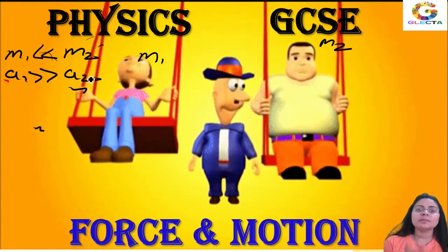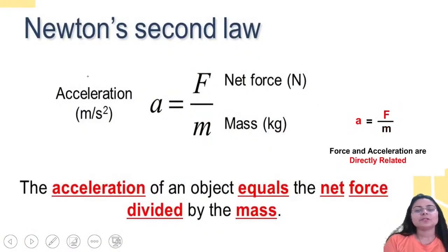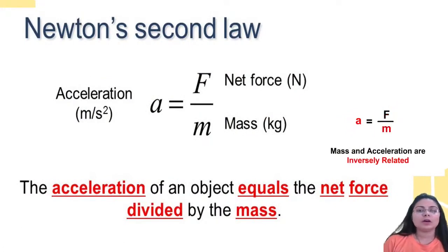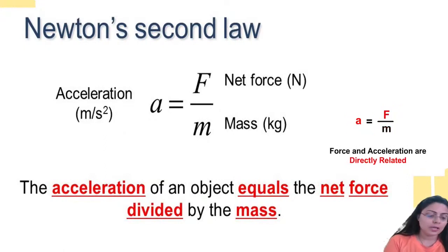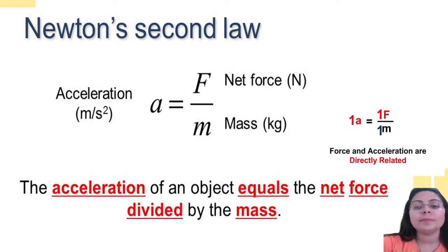Okay, so what does that mean? That actually is Newton's second law. According to Newton's second law, the acceleration caused in a body is directly proportional to the net force applied on the body.